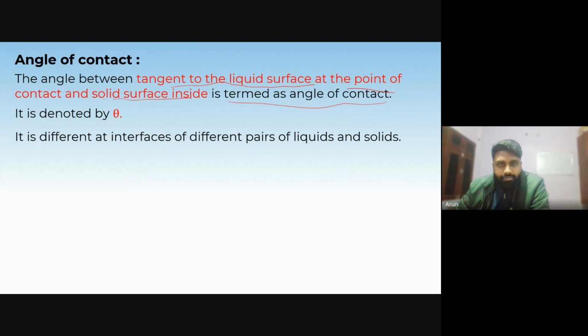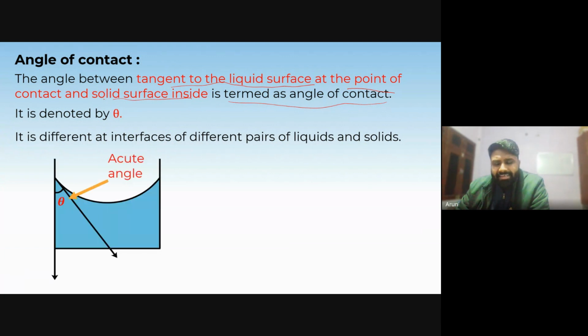Very good. I don't think I need to explain much more of that. It is different at the interface for different pairs of liquid and solid. I have told you, if the cohesive forces are dominating, it will behave accordingly. Remember it by the C of cohesive. What is the shape of C?